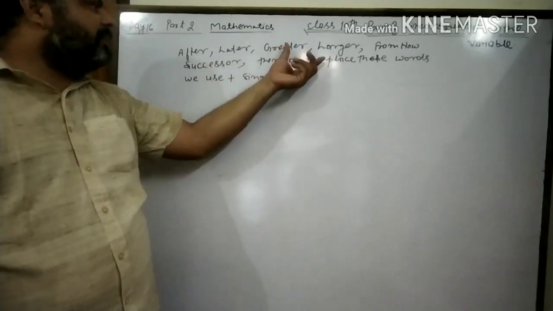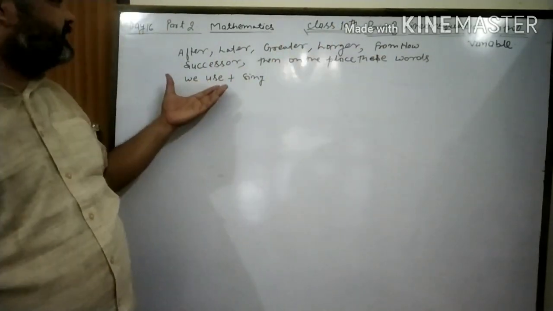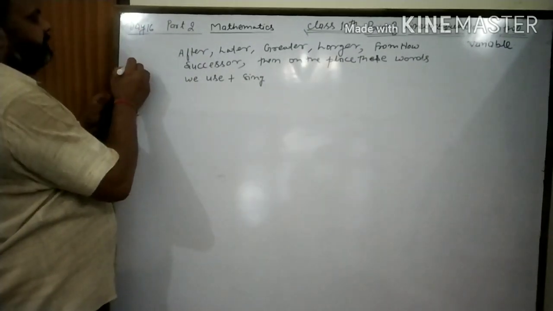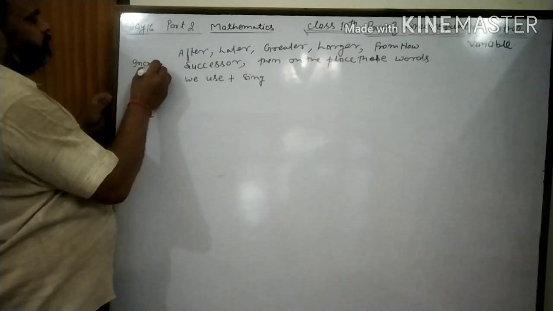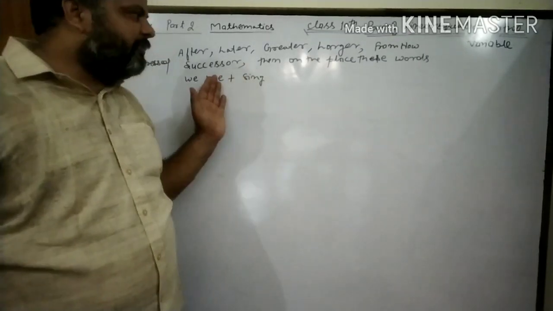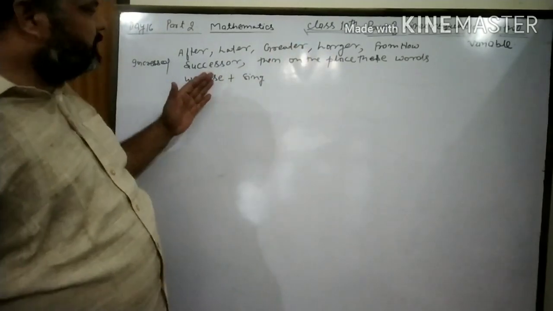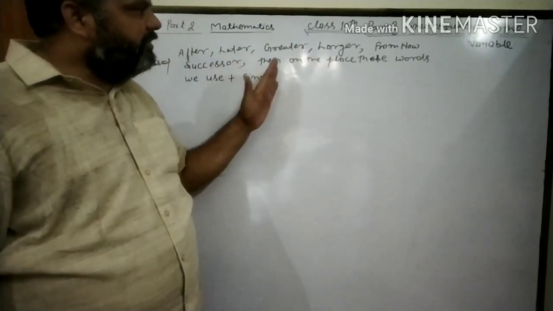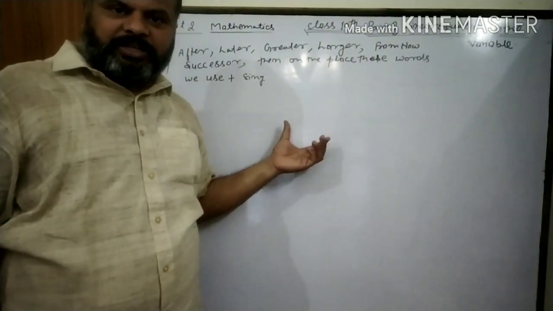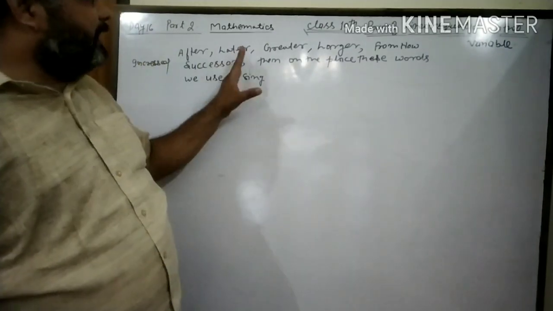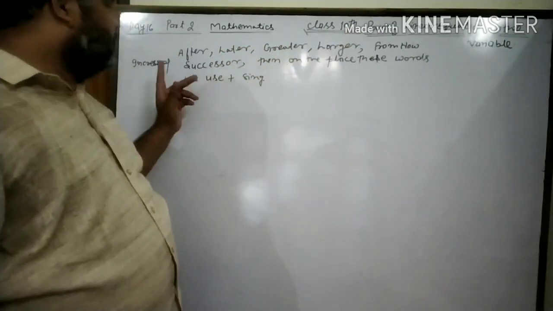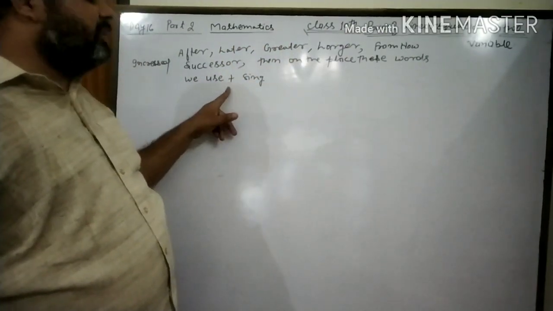Later, greater, larger, from now, successor, increased, also increased, then we use the plus sign when we formulate the statement. It means converting the statement into a linear equation in two variables is called formulation. If in the statement we see this type of word, then in the place of these words we use the plus sign.